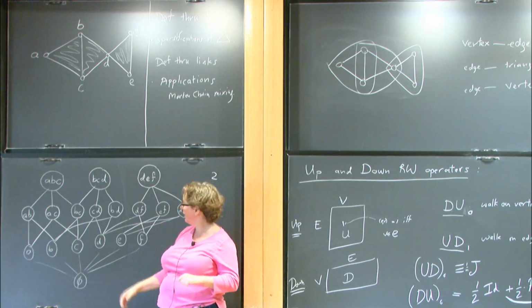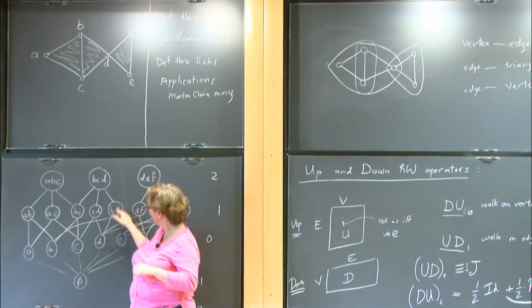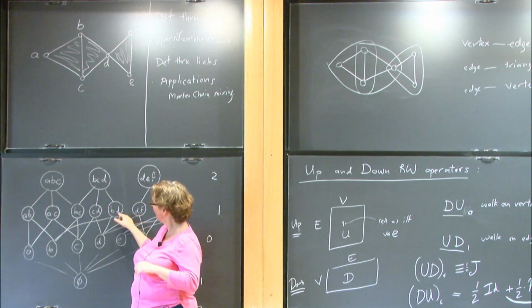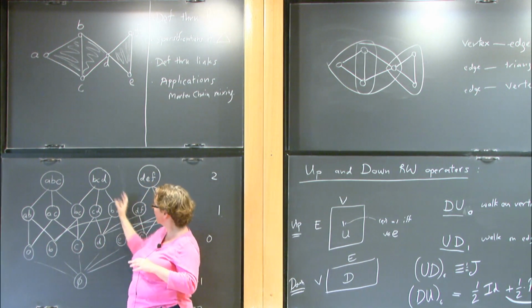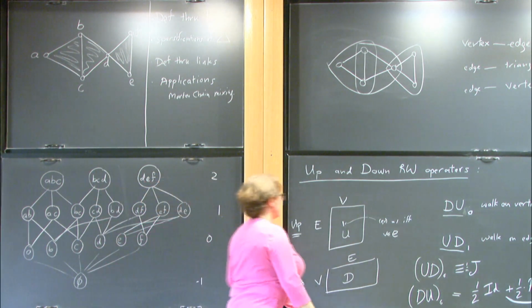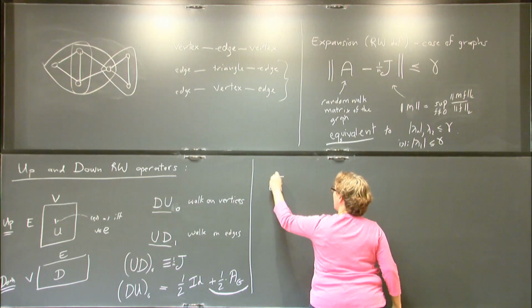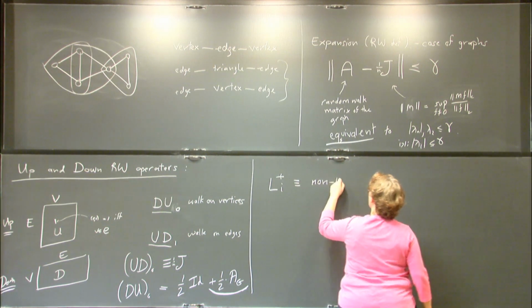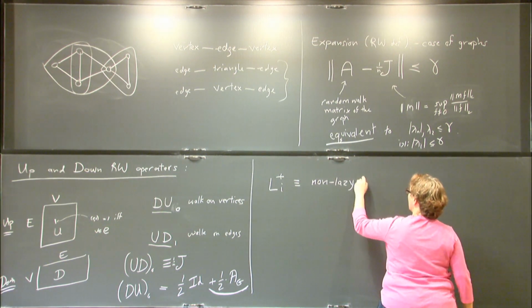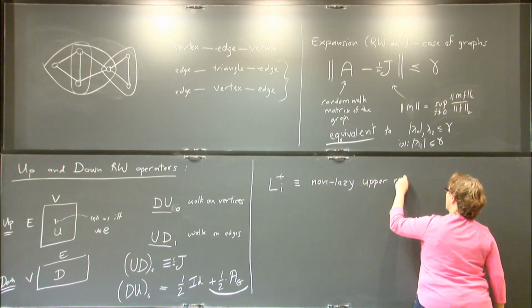It's not negligible. So I always need to decompose this up-down operator into the probability of going back plus the probability of going to a new place. So the operator that goes to a new place, let's get a name for it. We define Li plus, the non-lazy upper random walk.